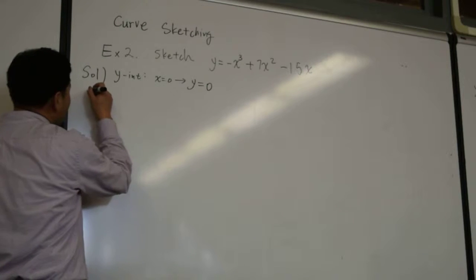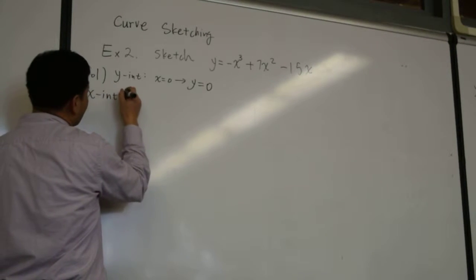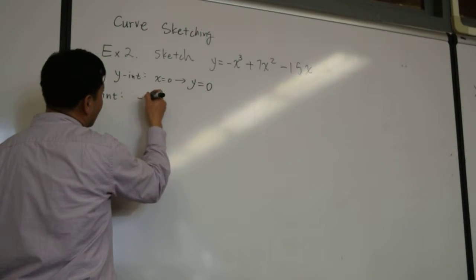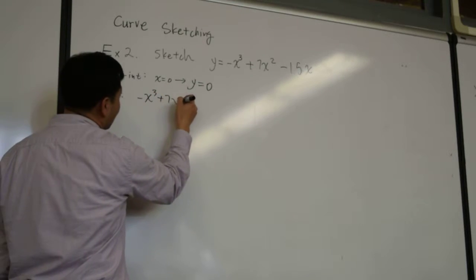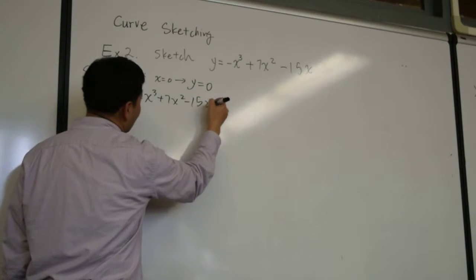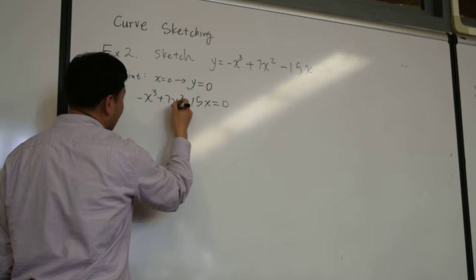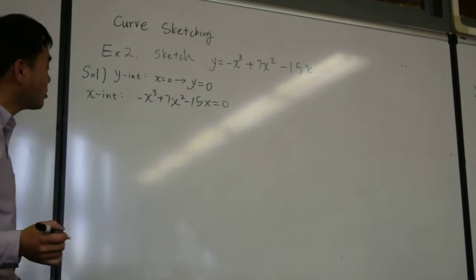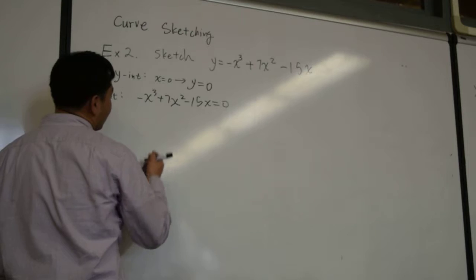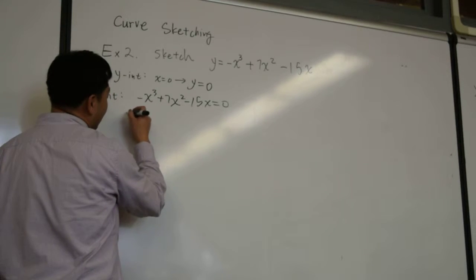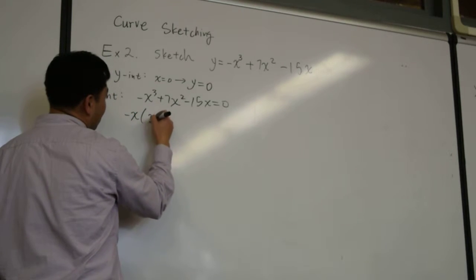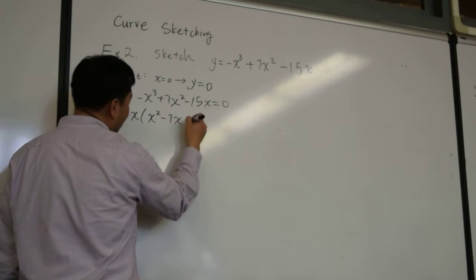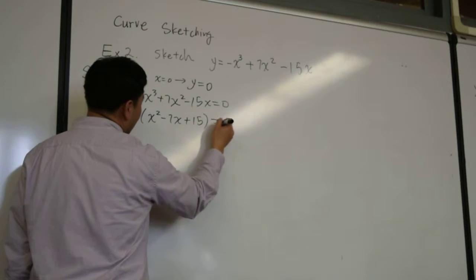Now to get the x-intercept, you would set negative x cubed plus 7x squared minus 15x equal to 0. So the x-intercept is the same as the zero of the polynomial. I can factor out negative x, and that gives you x squared minus 7x plus 15 equal to 0.